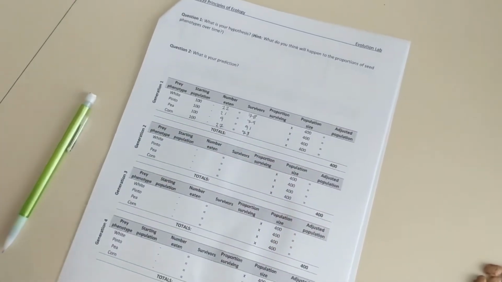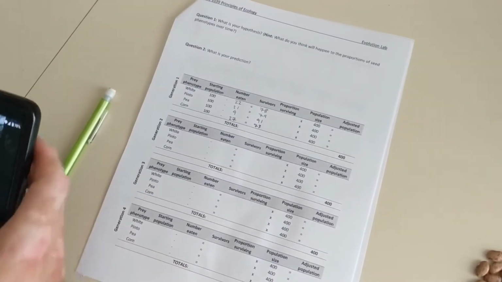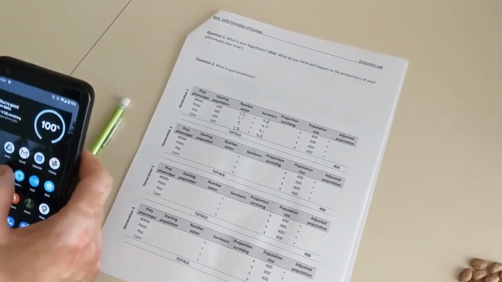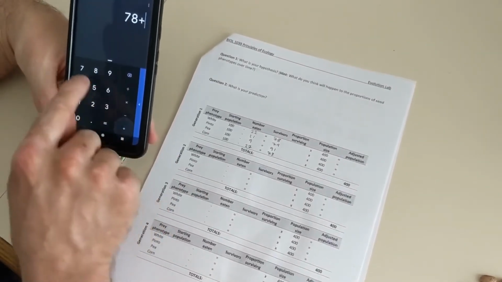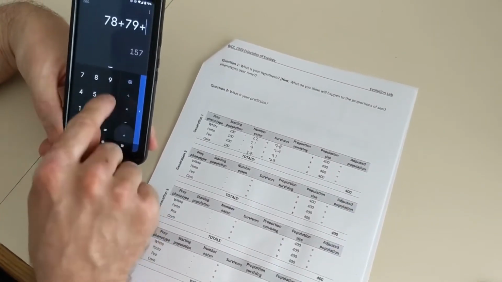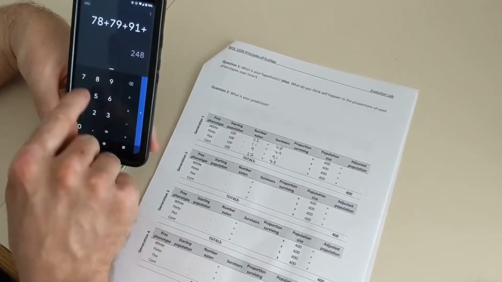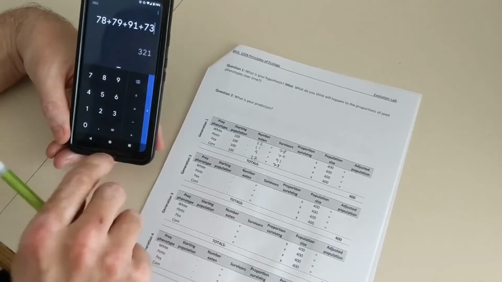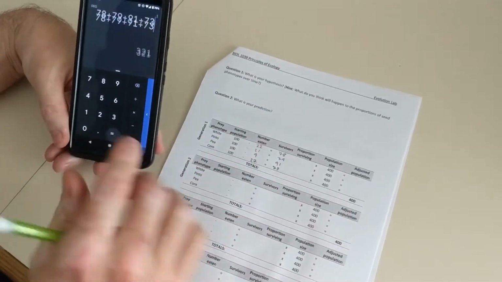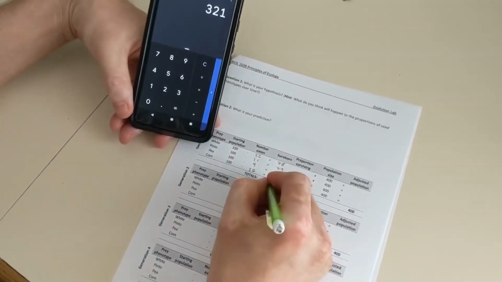Let me get out my fancy calculator here. So we have 78 plus 79 plus 91 plus 73. And so this number will change every round because not the same amount of prey will get eaten. So 321.